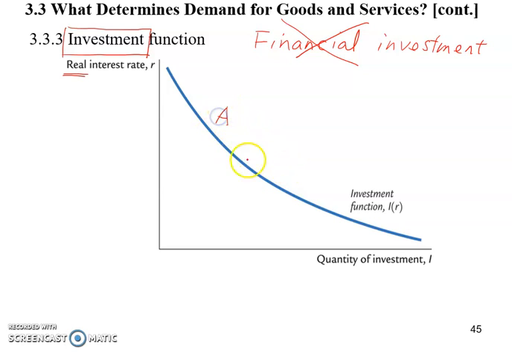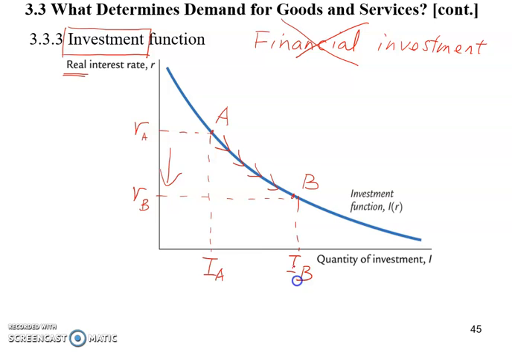Let's say this is point A and here it's point B. When we move from A to B along the curve, on the vertical axis we find here is RA and here it's RB. In other words, the real interest rate falls from A to B, and the investment increases from IA to IB.